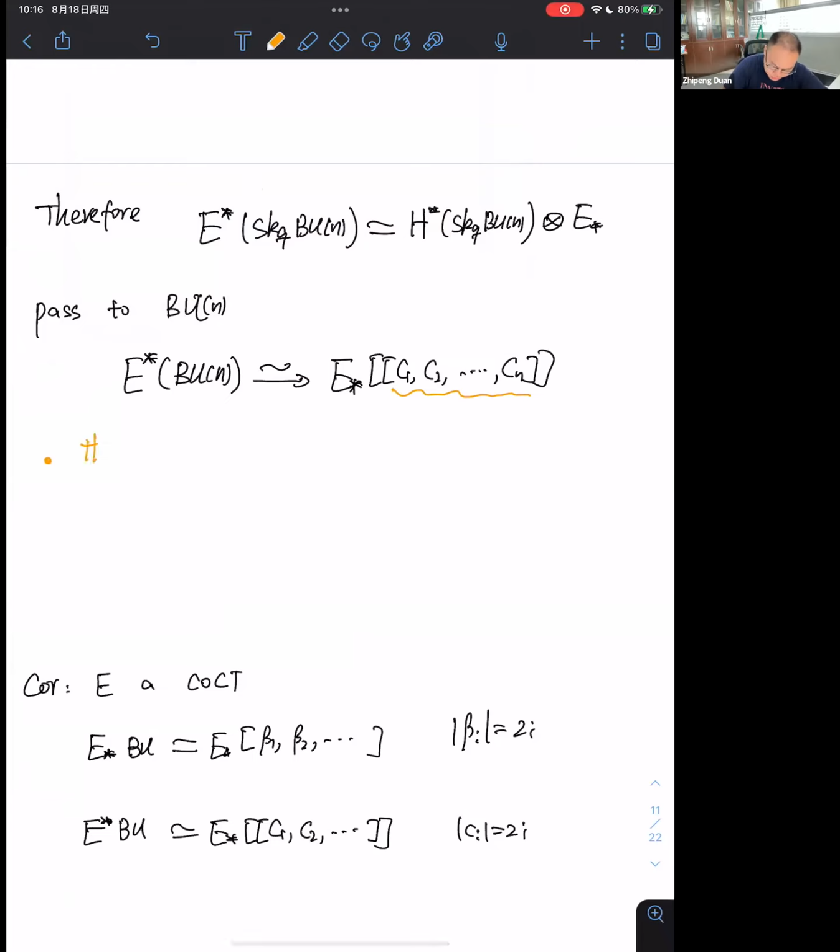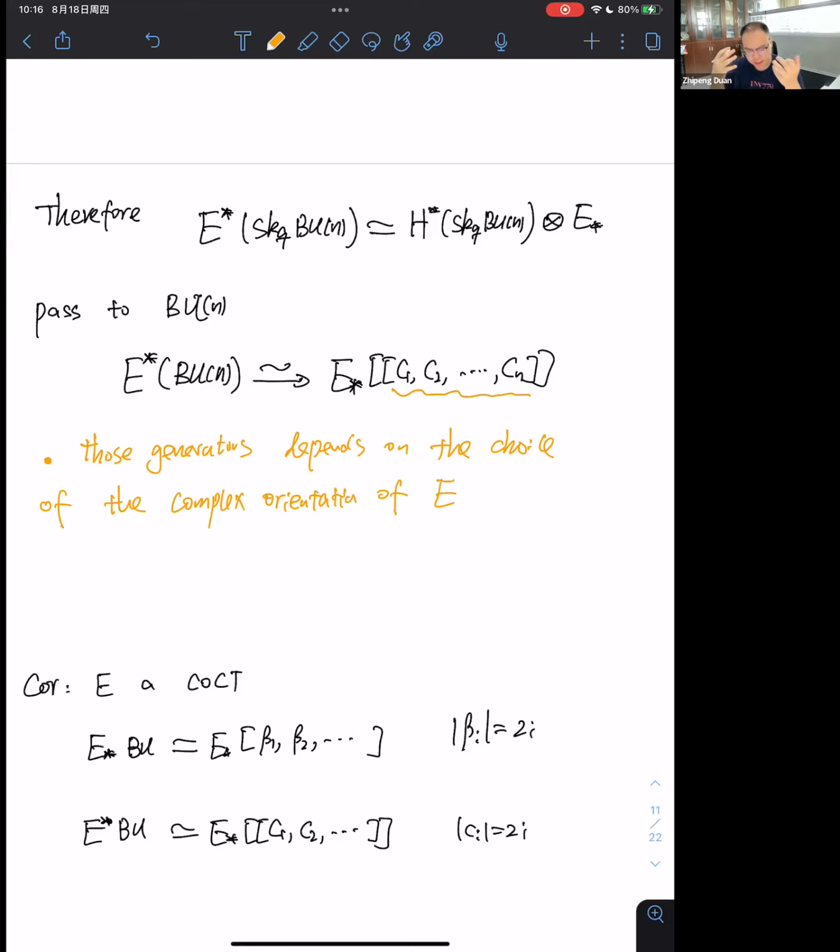of the complex orientation of E. Because you know c1 is just the E cohomology of BU1, the E cohomology of CP infinity, which is just the complex orientation.